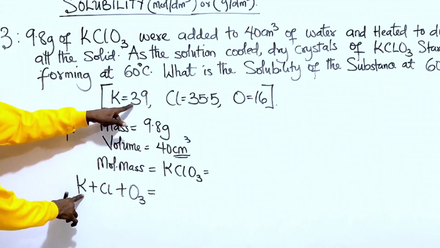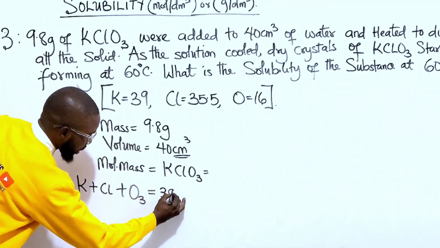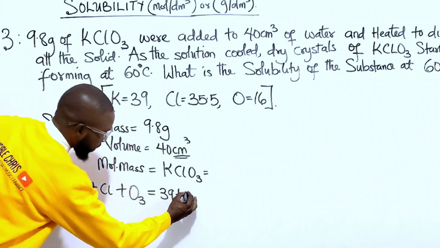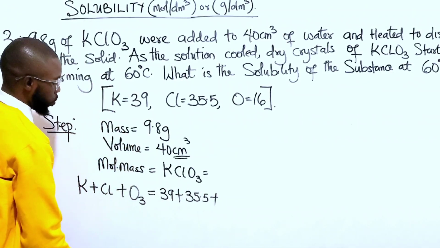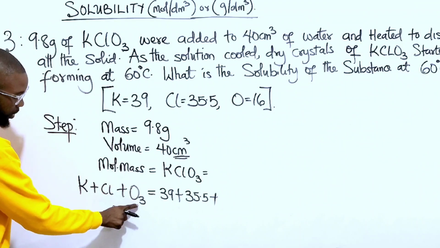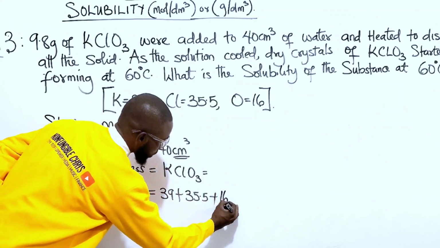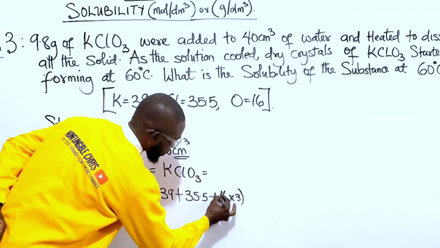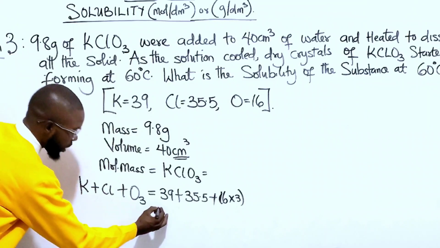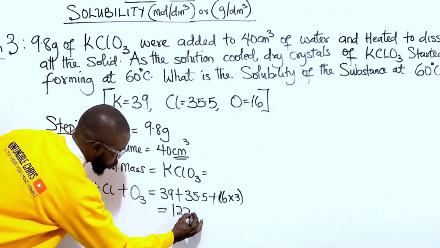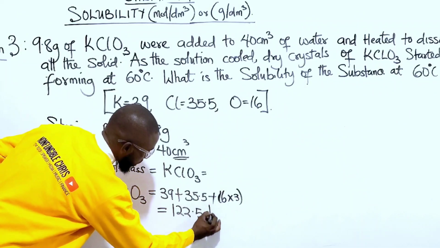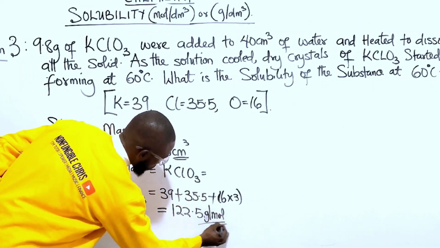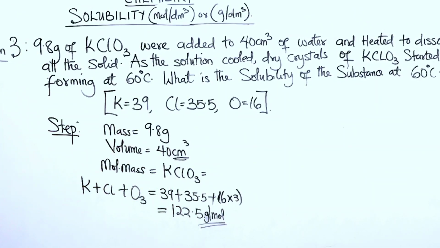That means K being 39, we have 39 plus chlorine, which is 35.5, and then plus oxygen, which is 16, but we're having 16 times 3. If we do the arithmetic sum of these, we are going to have 122.5 grams per mole, right?